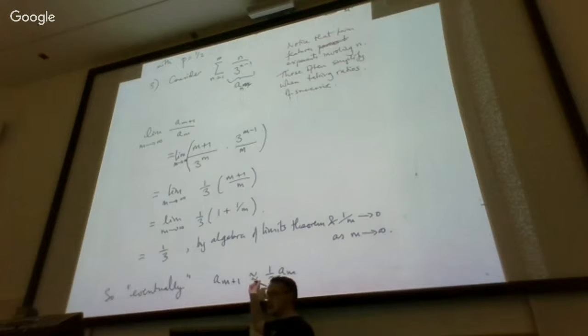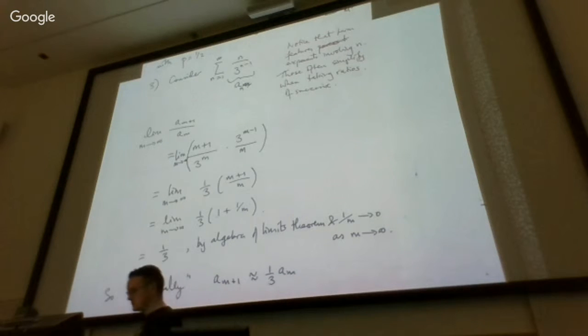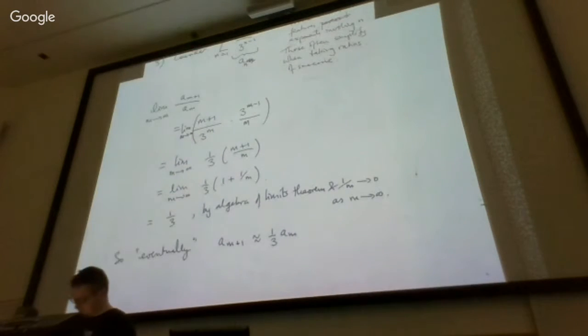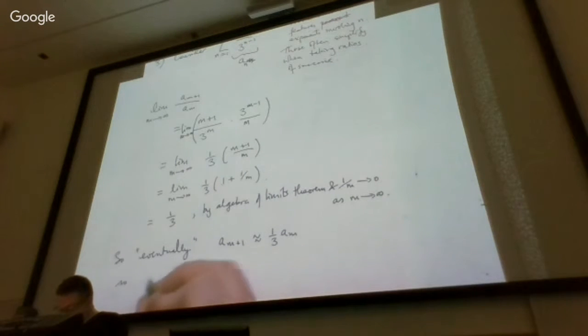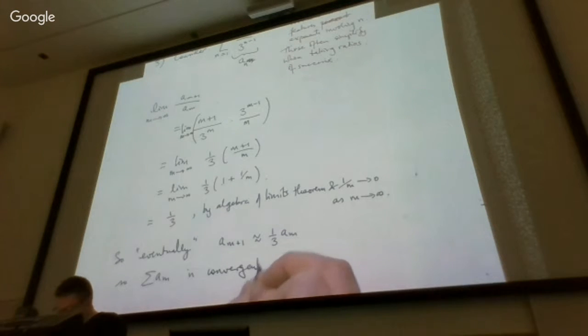If it did behave exactly like this it would be a geometric series, and because the ratio of successive terms is less than 1, it's convergent. Now, it's only approximate behavior, but using the comparison test we get the same conclusion about convergence. So the sum of a_n is convergent by the ratio test.